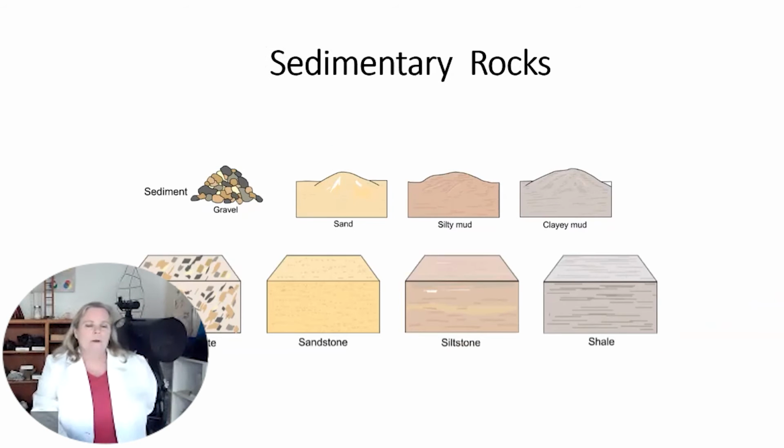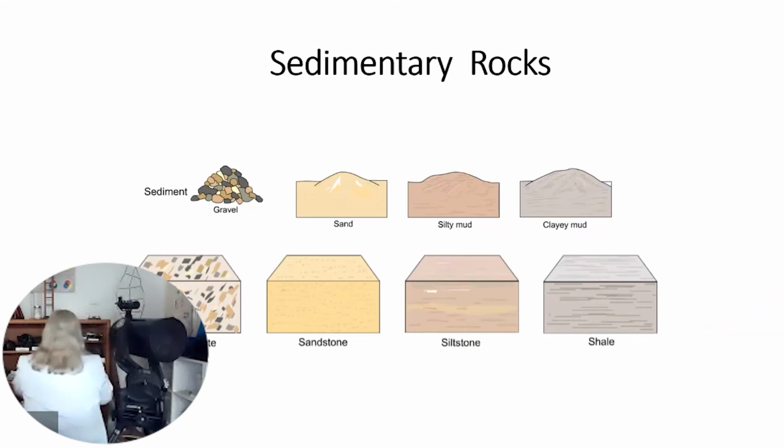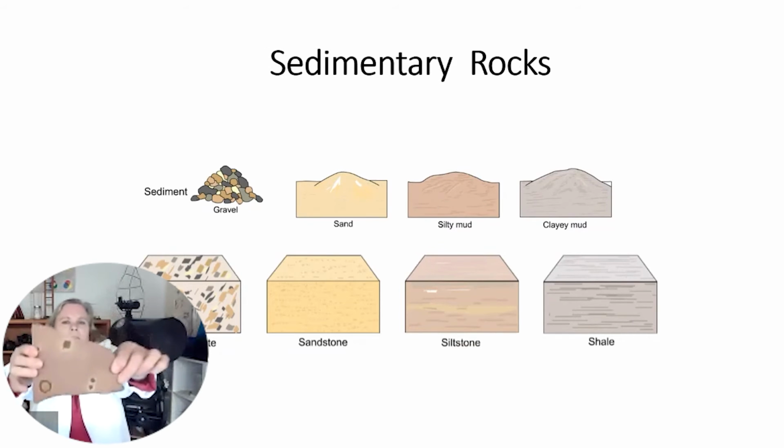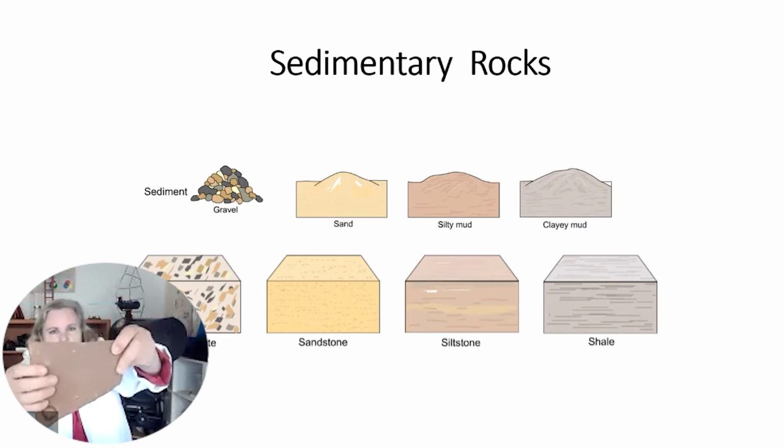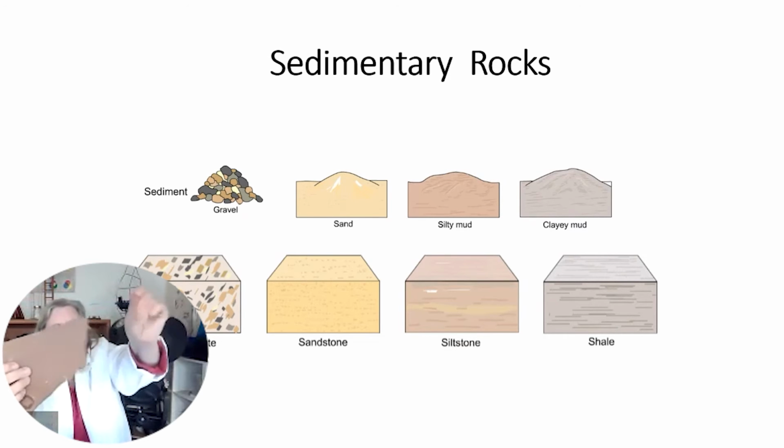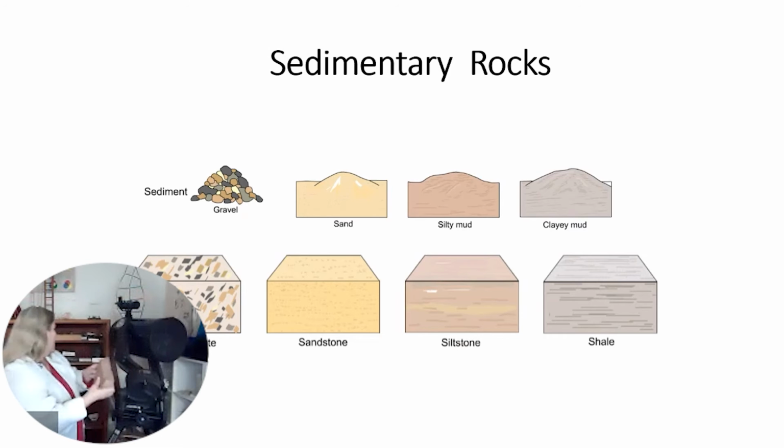All right, so with our sedimentary rocks, you've got that large pieces that are stuck together, that's that conglomerate. The smaller sandstone, it feels gritty, kind of like sandpaper, okay? But it's not coming off in my hands.